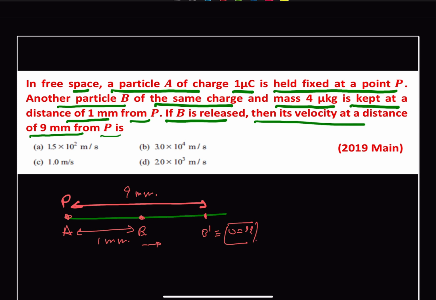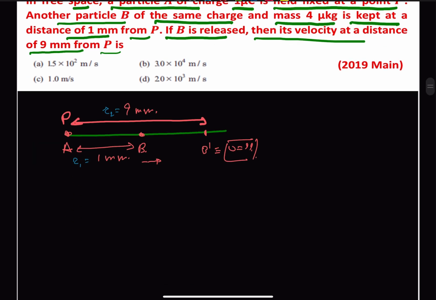So let us say that the initial distance is R1 and the final distance is R2. And here we are going to use the conservation of energy principle. Initial energy is equal to final energy.